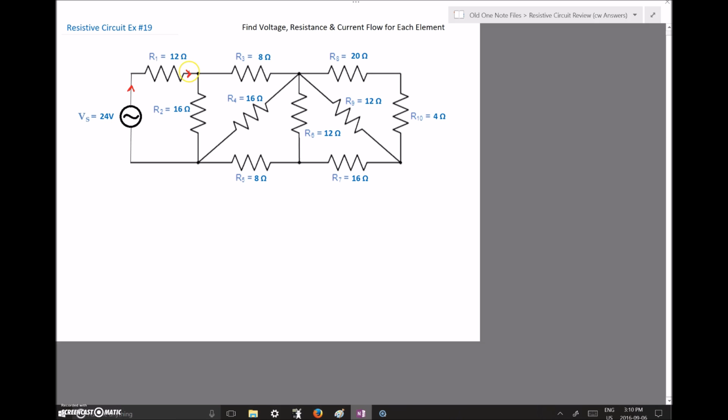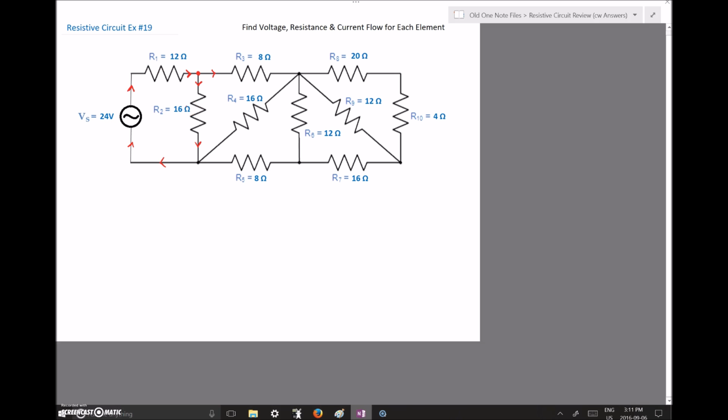Now, at this point right here, once it goes through R1, that's a parallel junction, because we can see here the current goes in this direction, and it goes down here towards R2. Let's finish off that circuit here through R2, because it looks like the current goes down through R2 and then right back to the source. So it looks like that source voltage of 24 volts is going to be across R1 and R2 there.